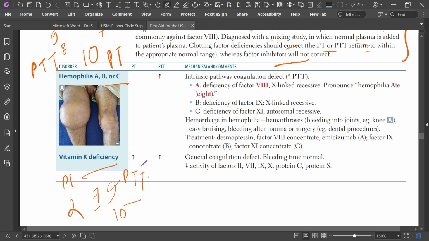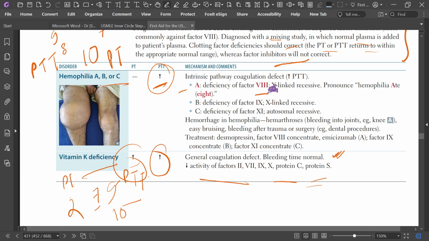So PTT is high in vitamin K deficiency, which affects 2, 7, 9, 10, and protein C and protein S. Bleeding time is normal. In hemophilia, with factor 8 or 9 deficiency, PTT is higher, and PT is normal because there is no factor 7 deficiency.